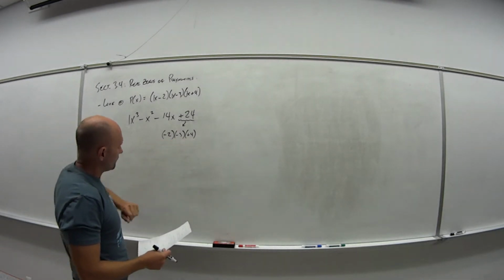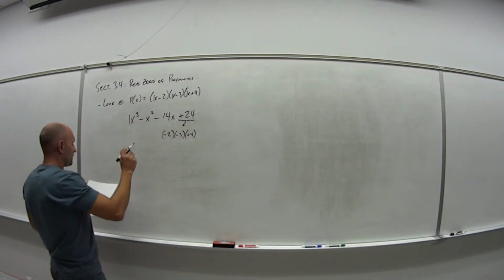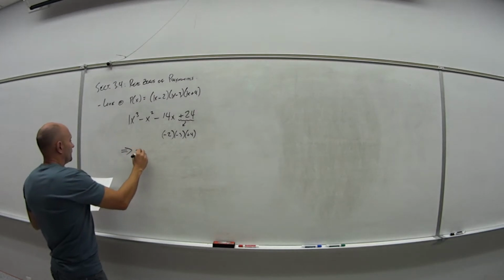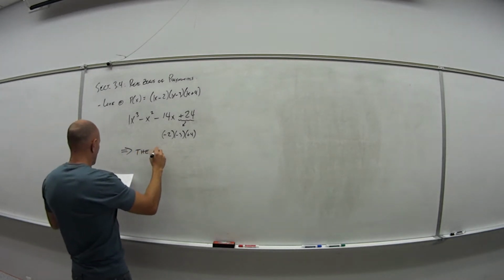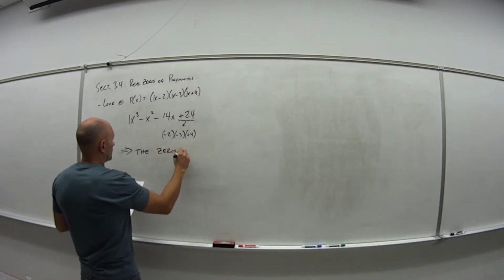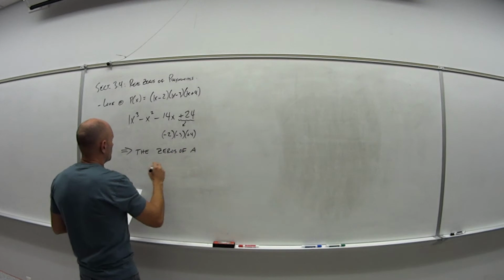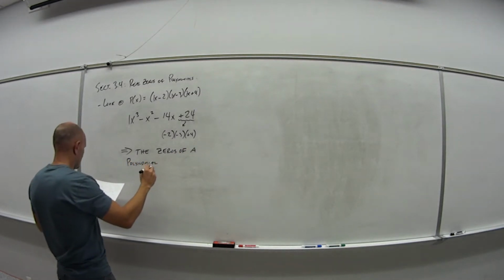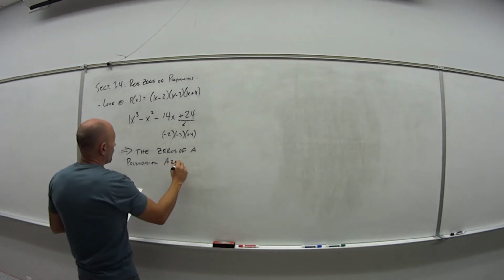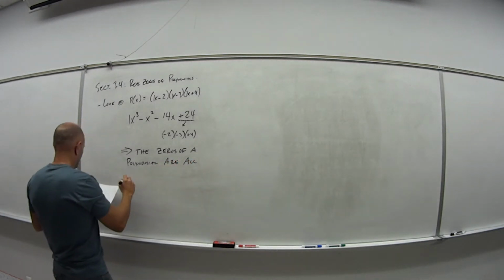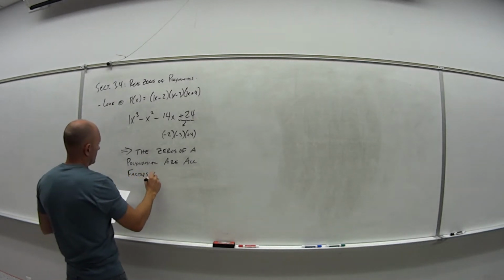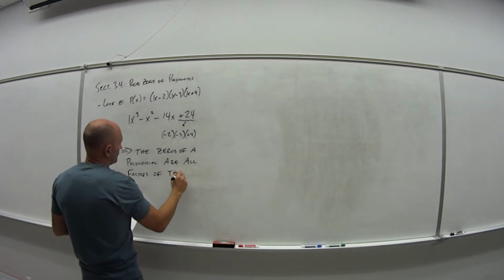So these values, the negative 2, the negative 3, the positive 4, this tells us that the zeros of a polynomial are all factors of the constant term.